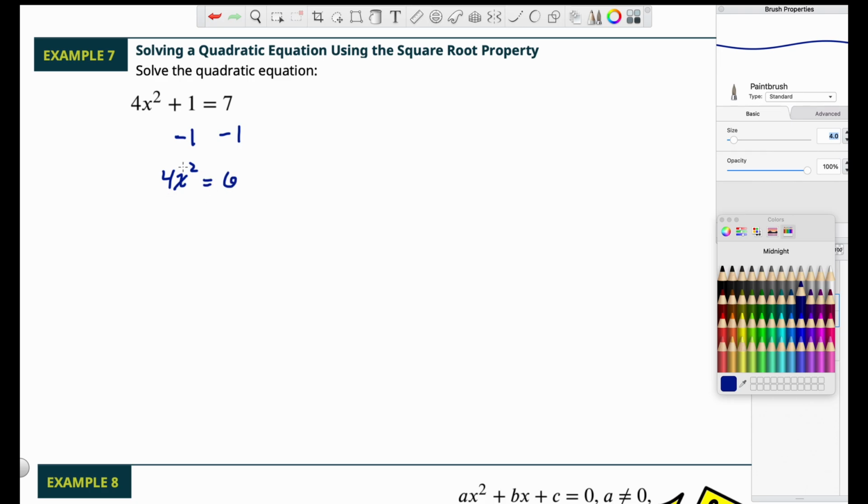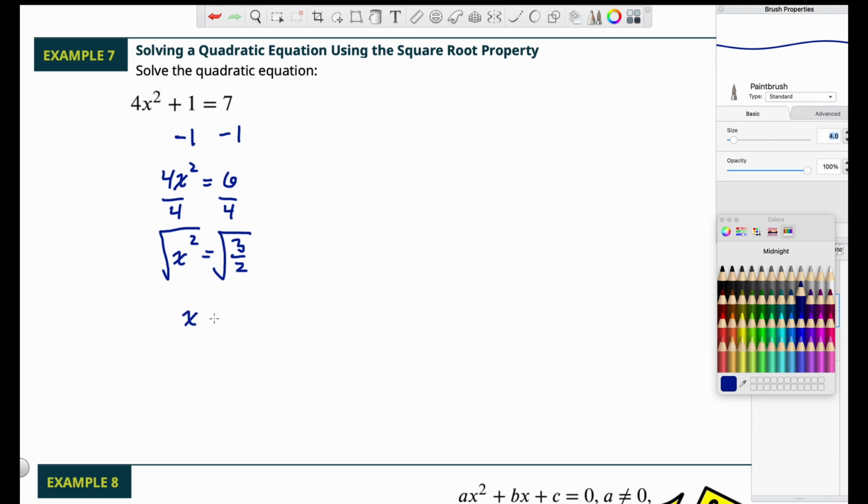Then we have to undo the multiply by 4, so let's divide by 4. Now I get x squared equals 6/4, and since 2 is a common factor, that simplifies to 3/2. Now it's time to undo the squaring, so we're going to take the square root of both sides.